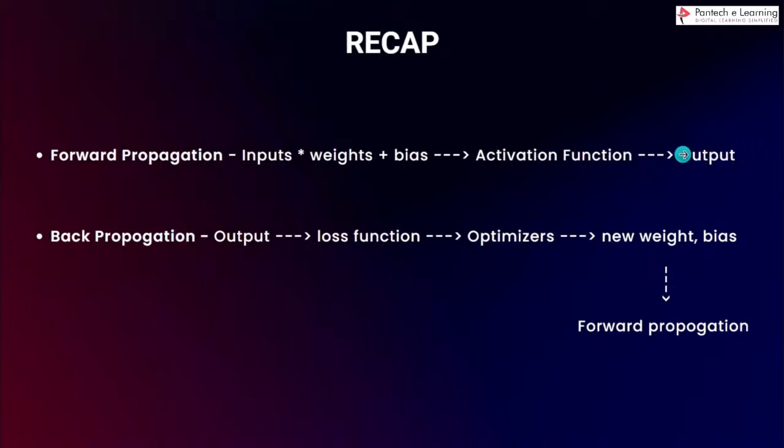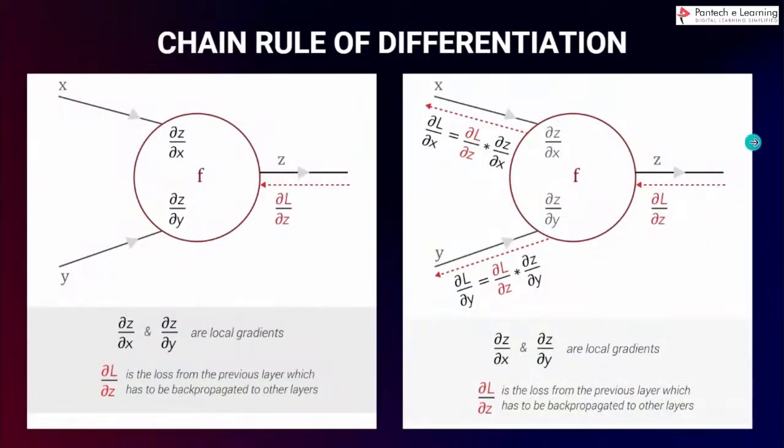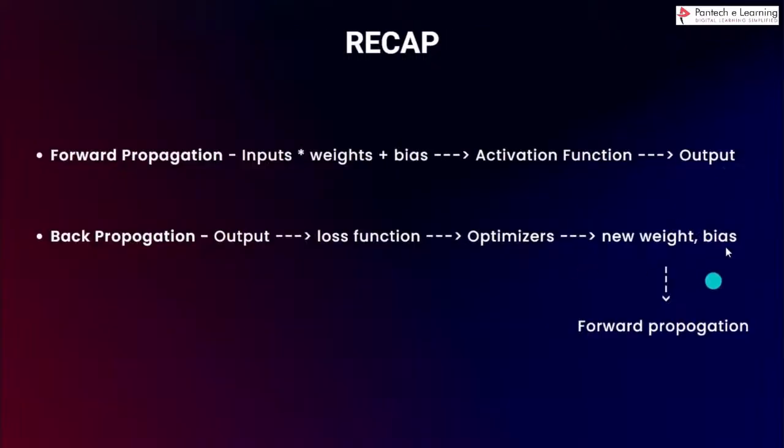When you get the output, a loss function is calculated to see how good or bad it is, how far it is from the expected output, the difference between the original and the predicted value. With the loss, the optimizer comes into play to adjust the weights and biases, and this is done through the chain rule of differentiation and back propagation.